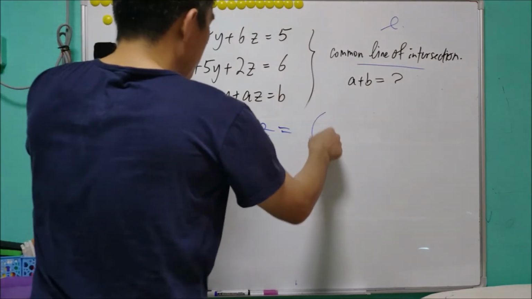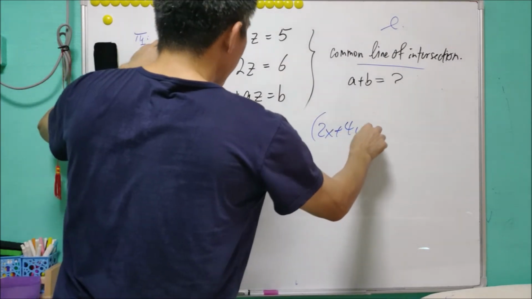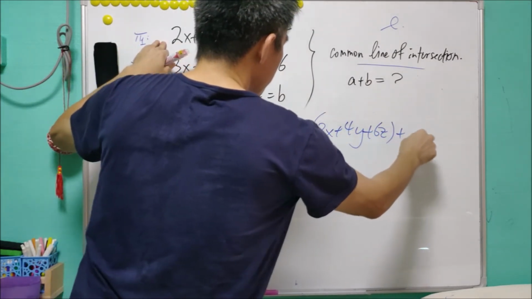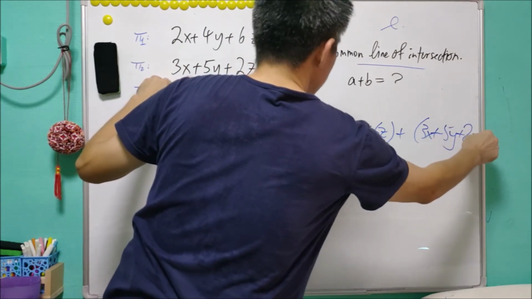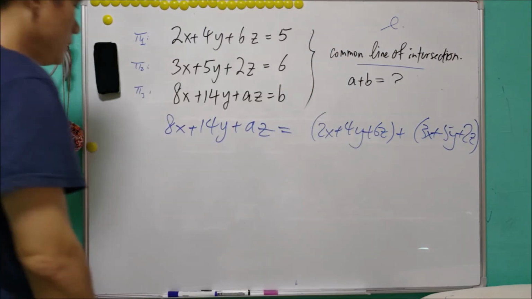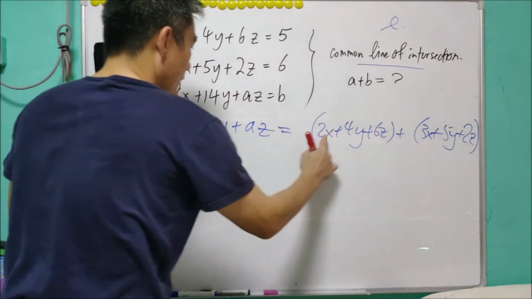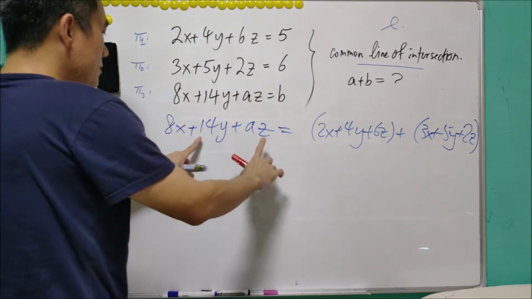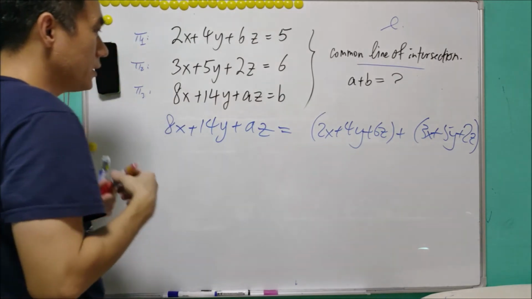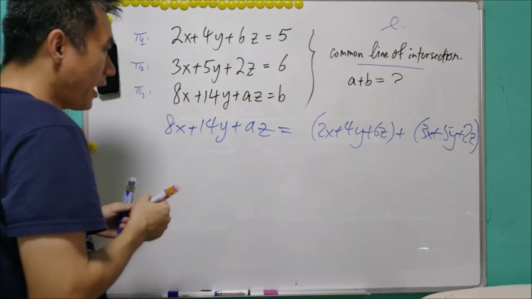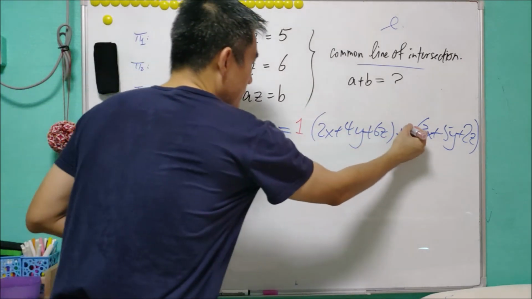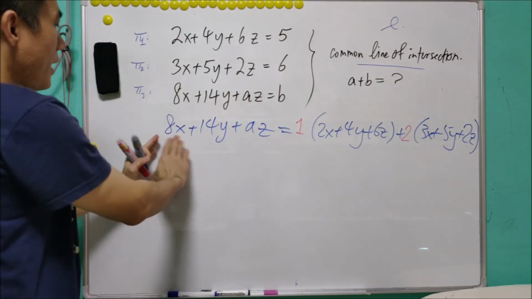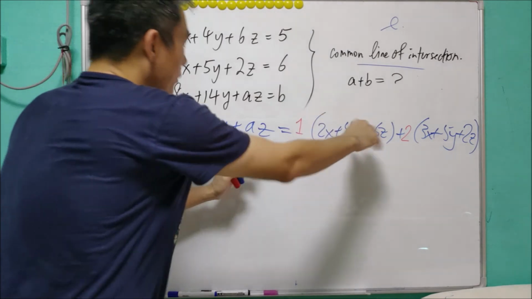That is, it must be equal to something of 2x plus 4y plus 6z plus something of 3x plus 5y plus 2z. Now, in order to get the 8 for x and 14 for y, we need to observe that this is 1 and this is 2. When we settle the x and y, the z will follow.